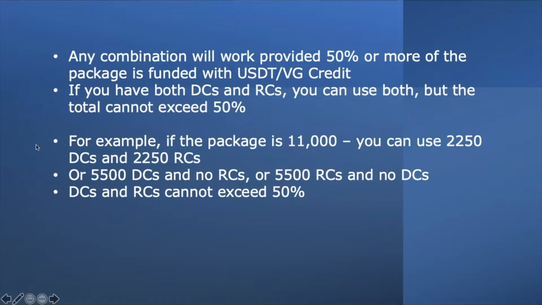Now, if you have DCs and RCs, you can split that up. You can have half of each, so 2,250 DC, and the same for RCs. You can have all DCs and no RCs, so 5,500 of one. And likewise, you can have 5,500 RCs and no DCs. So it doesn't matter what that combination is. It can be two completely arbitrary numbers as long as it adds up to 5,500 at the very most.